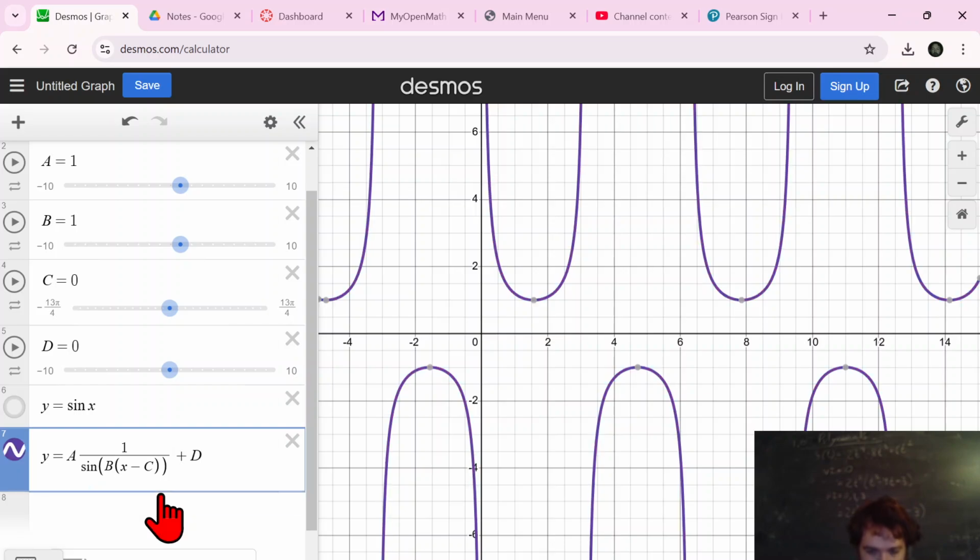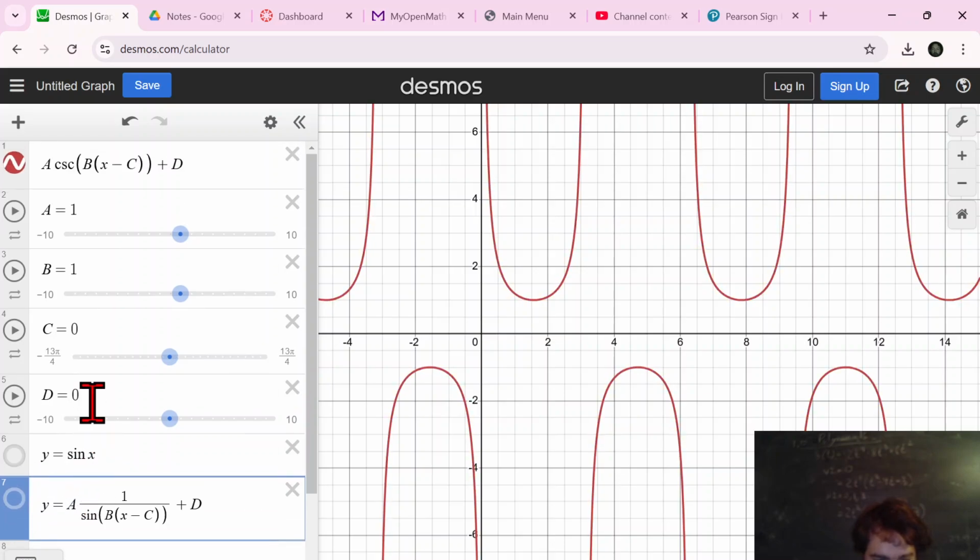This is the way we would need to type this into the calculator. And you see very well that this purple line overlaps with the red line. They're the same thing if I flash them back and forth real quick. So that's the way we have to enter this in the calculator.